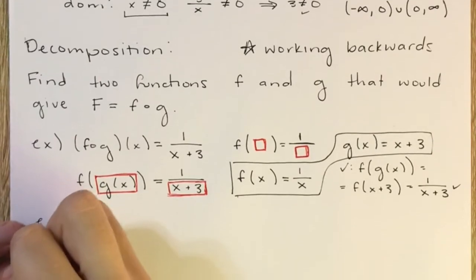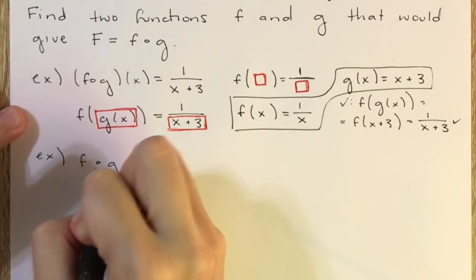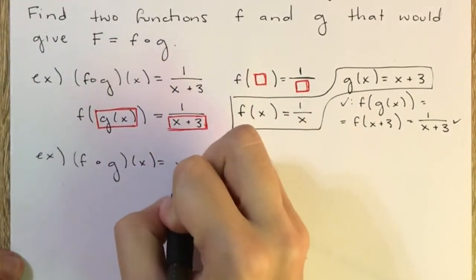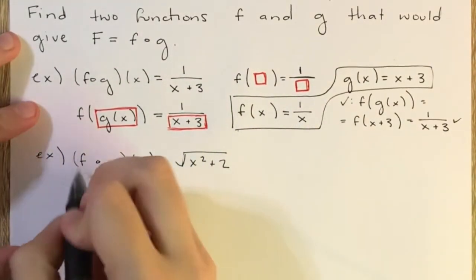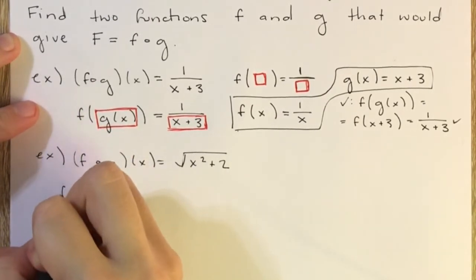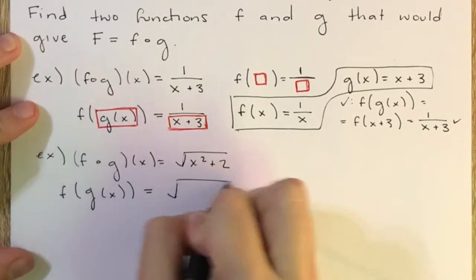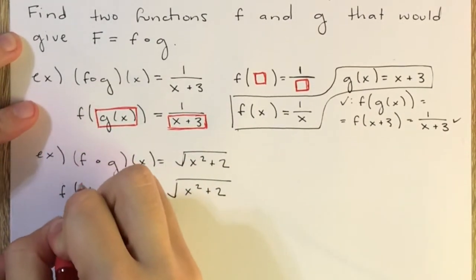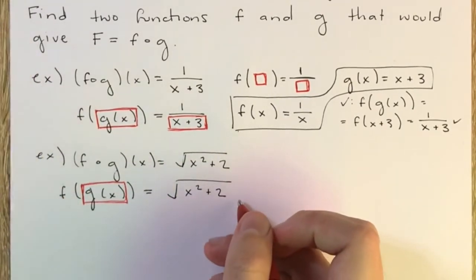Let's look at another one. Let's say we had f of g of x equals square root of x squared plus 2. So let's rewrite again. So we've got f of g of x equals this stuff. So we want to close off our inside function and pick whatever we want it to be equal to over here.